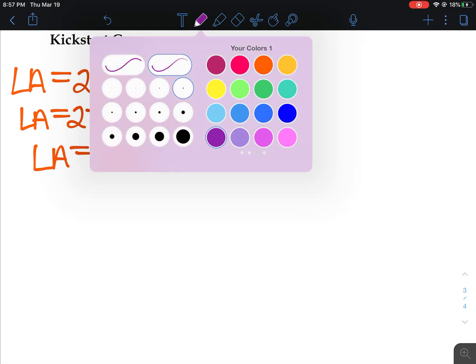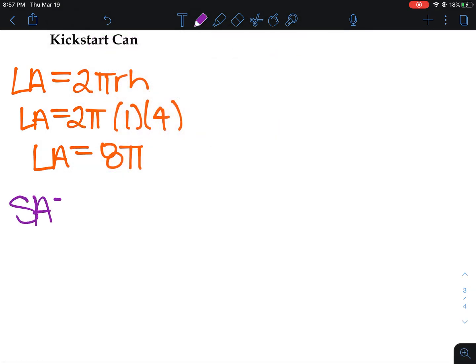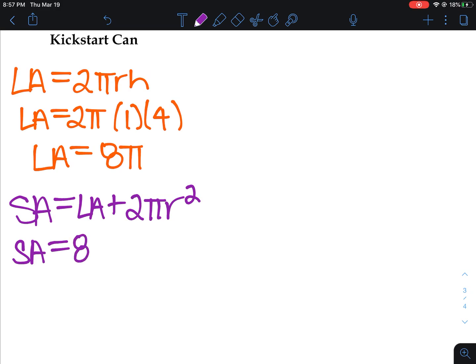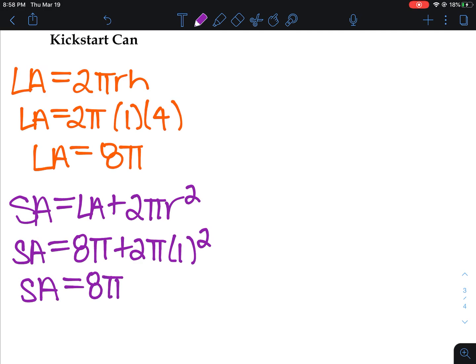Okay, cool. So now, knowing that, we can do the surface area, which is the lateral area plus 2 pi r squared. The lateral area we just found was 8 pi plus 2 pi, the radius is 1 squared. This would be 2 pi, because 1 squared is 1 times 2 is 2.